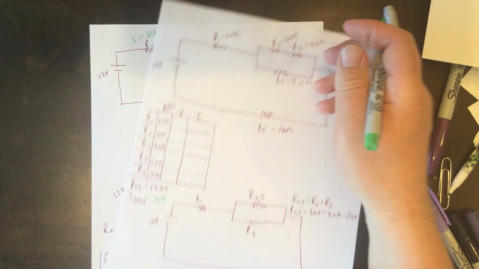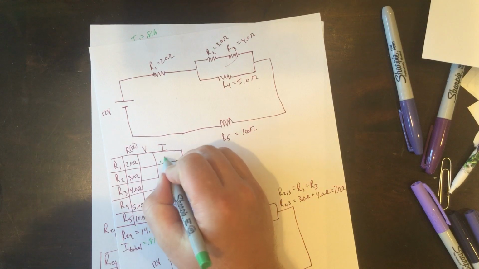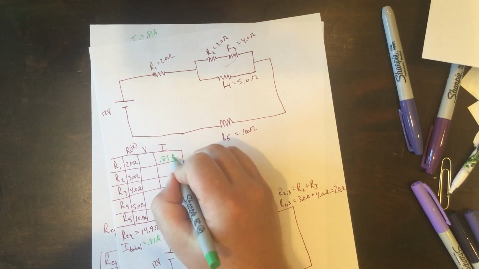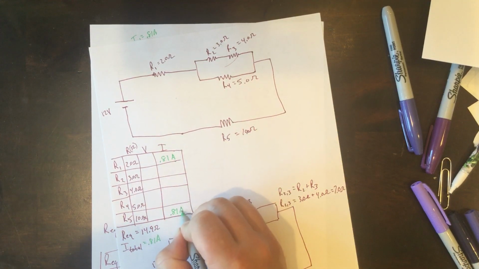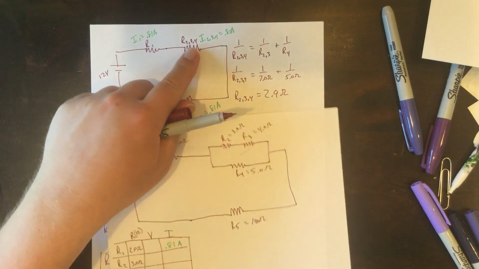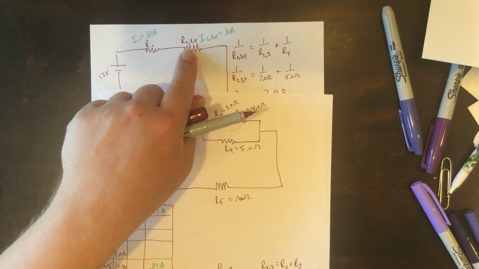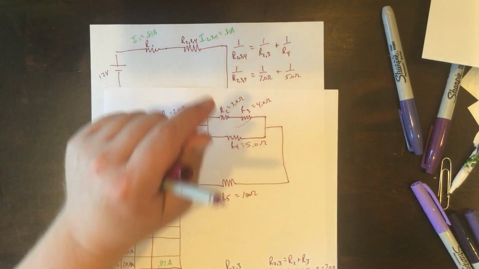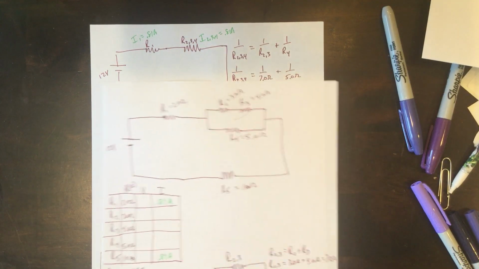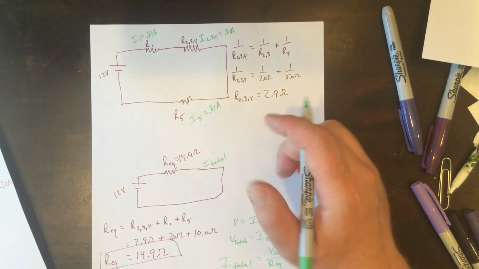Okay, so that's pretty good, right? We could already fill in some stuff here. So R1, 8.1, and R5, 8.1. Now you notice we can't fill in any of this because this isn't just one resistor on its own. This is a combination of other ones together. All right. So now what else could we find?